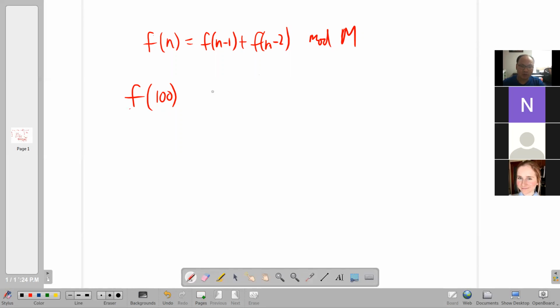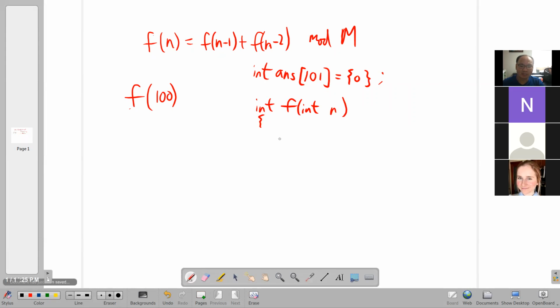Okay. So if you use recursion, you can avoid that problem by switching to dynamic programming. So you have a table in the answer, right? Let's say, I don't know, 101 entries like this, and initially maybe set them all to 0, and then in your recursive function you would do the standard thing.